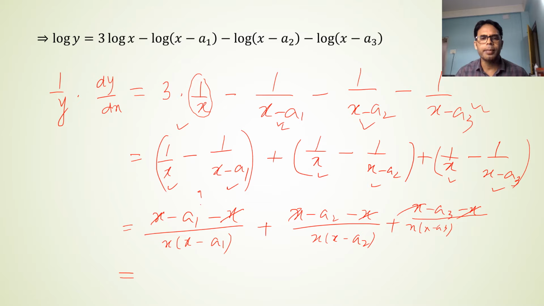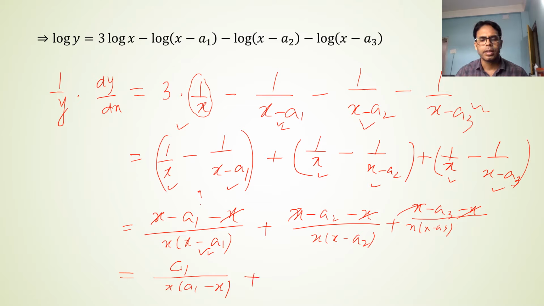minus a1, minus a2, minus a3. The minus can be absorbed by writing like this, a1 by x into a1 minus x, just writing the term x minus a1 as a1 minus x and removing the minus sign.